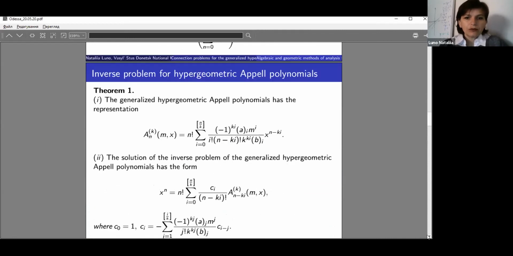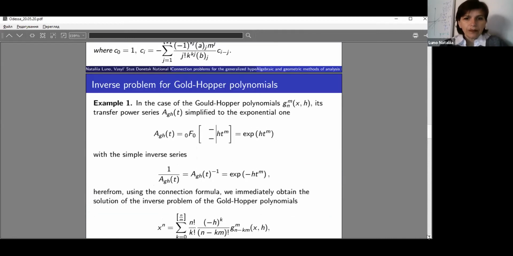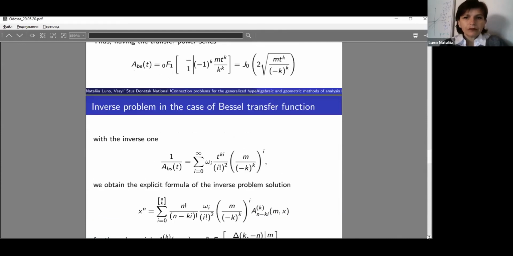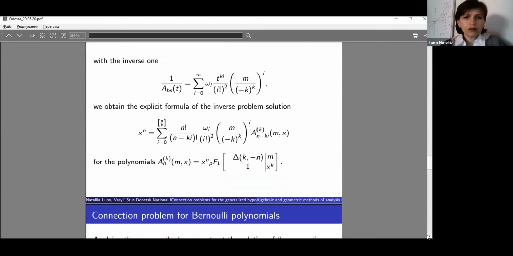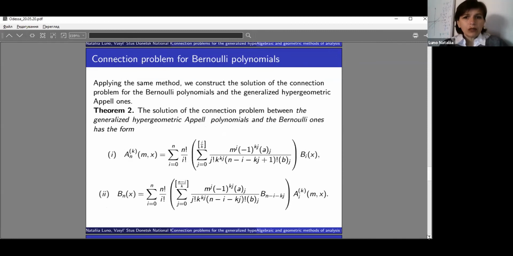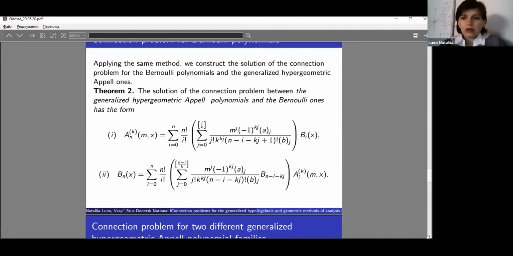Proceeding the same way, equating the equal powers of t, we can find the solution of connection problems for some other Appell type sequences. For example, we found the solution of the connection problem between the generalized hypergeometric Appell polynomials and the Bernoulli ones. As we see, the solution has a closed form.